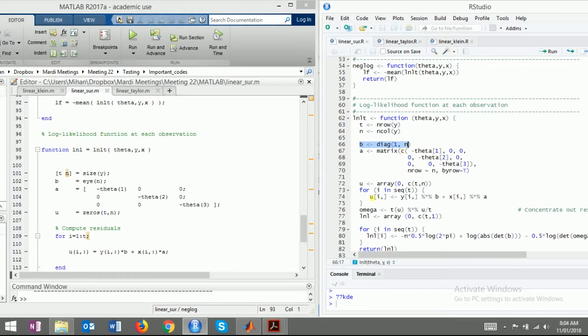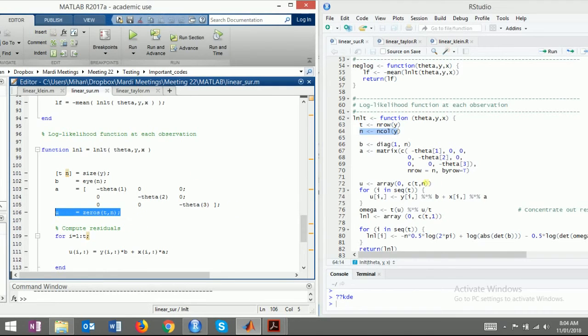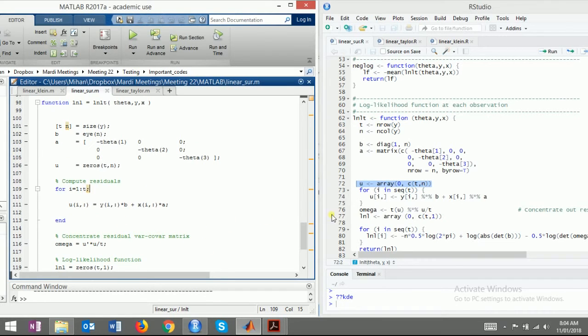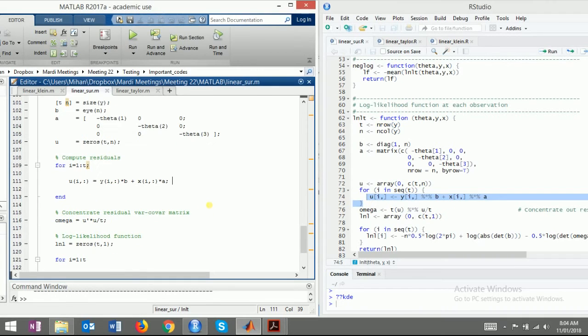Okay, fine. A is a matrix, combine these into n columns and T rows. N is the number of columns of y, or you could have simply put 3, just to make it a bit more tricky. Zeros then come in where we are estimating the residual, 1 to T, by plus Ax. Fine, concentrate out the residual variance-covariance matrix.